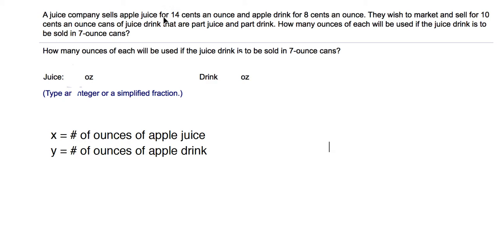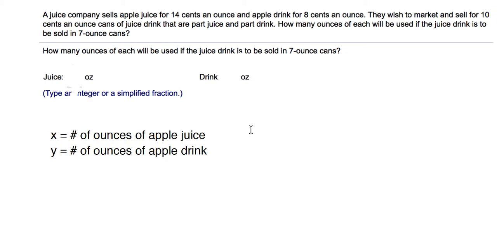And so now we need to use the facts in the word problem to come up with two equations because we get two variables. Okay. So I'm seeing that there's information about cost, information about cents. So let's try making an equation based on the cents.